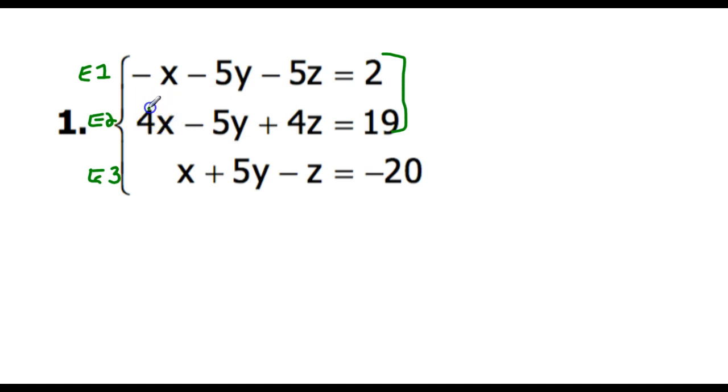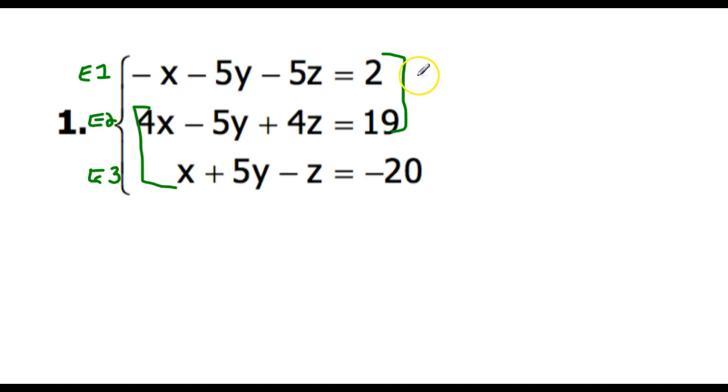Then I group equation 2 and equation 3 together, eliminate the same variable, and I'll come up with two new equations. And then I just treat it like we've always done with linear systems of equalities.